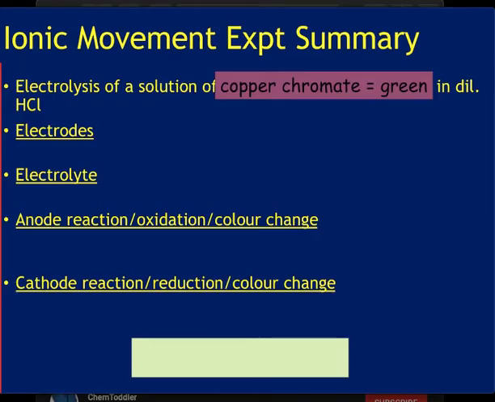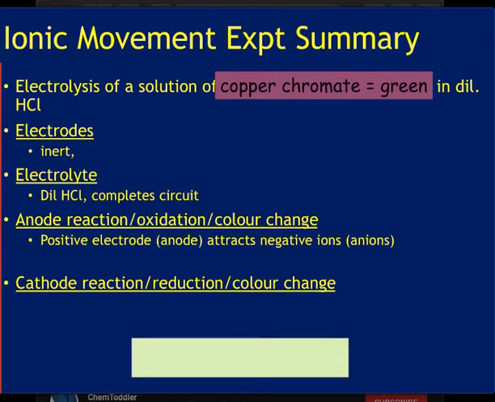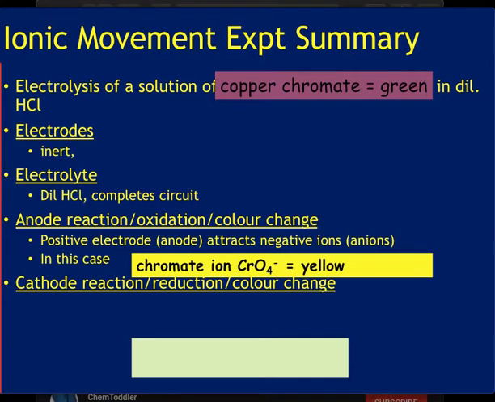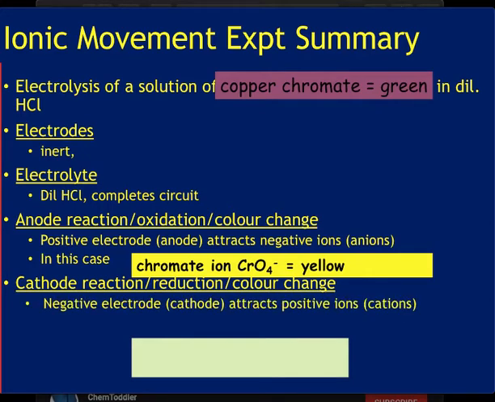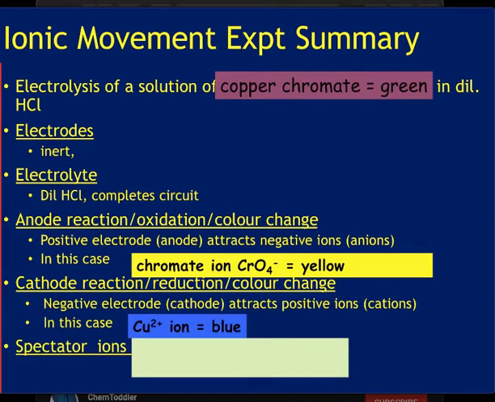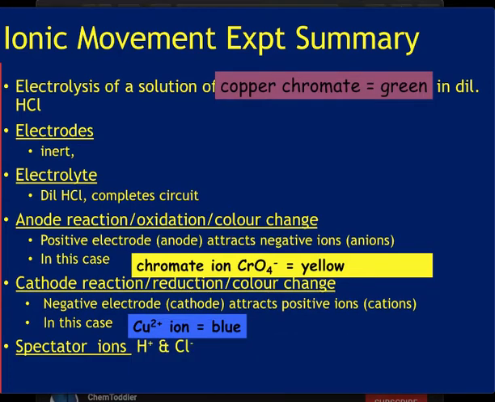Okay, so for you really it's just what is the observation. The positive electrode, the anode, attracts anions, which is the chromate, it goes yellow, and the cathode will attract the positive cations and it will go blue. And there are spectator ions in there, they don't do anything for us. So it's the observations that are important for you.